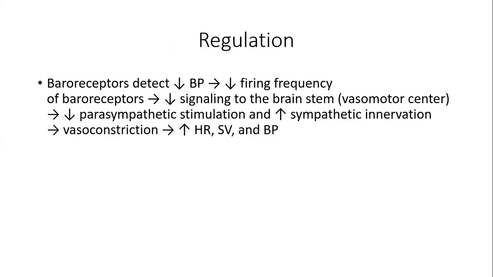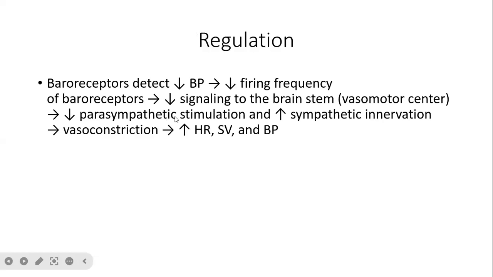The key regulators of water balance include the sympathetic nervous system. How is the sympathetic nervous system stimulated? We have baroreceptors. Suppose there is a drop in blood pressure, baroreceptors will detect that drop and that will cause decreased firing frequency of those baroreceptors. This will cause decreased signaling to the brainstem, more specifically to the vasomotor center.